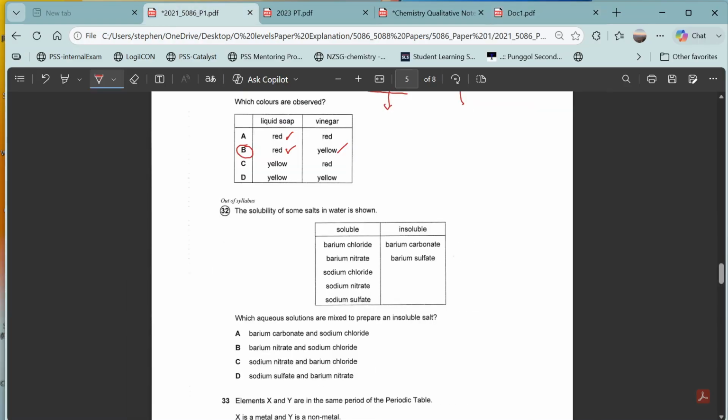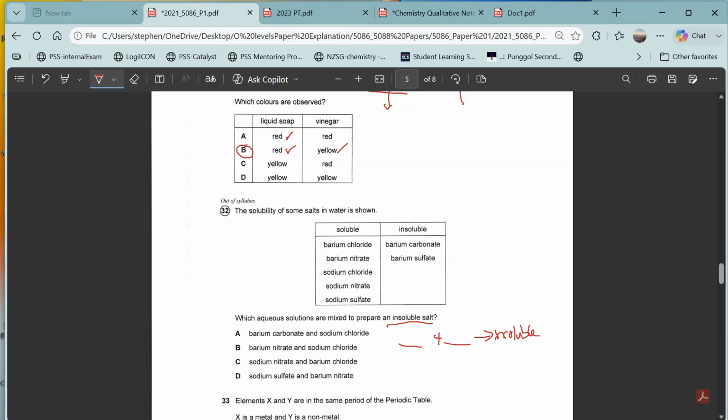Oh, they tell you everything here. They say which solutions are mixed to prepare an insoluble salt. For the sake of those who want to know, you want to get an insoluble salt, so that means something plus something gives you an insoluble salt. I use a very simple way.